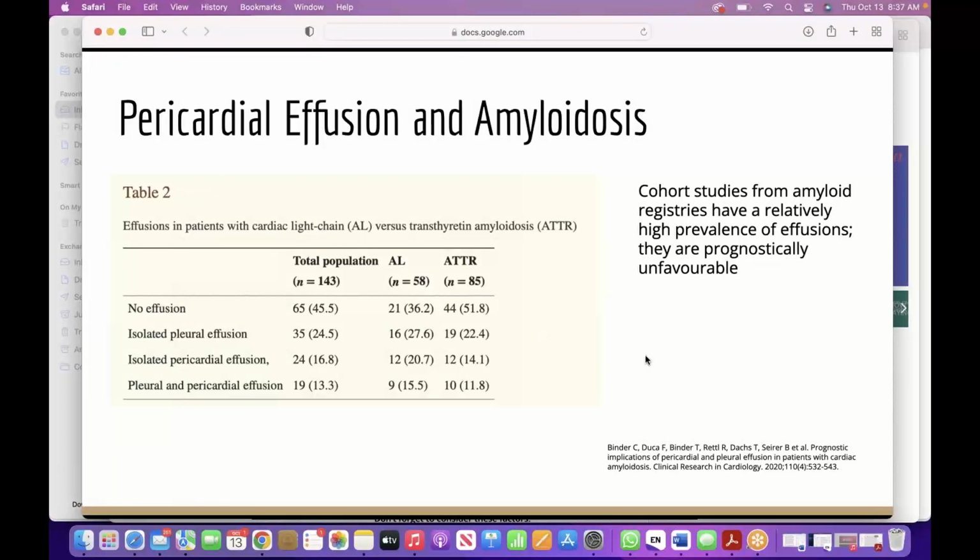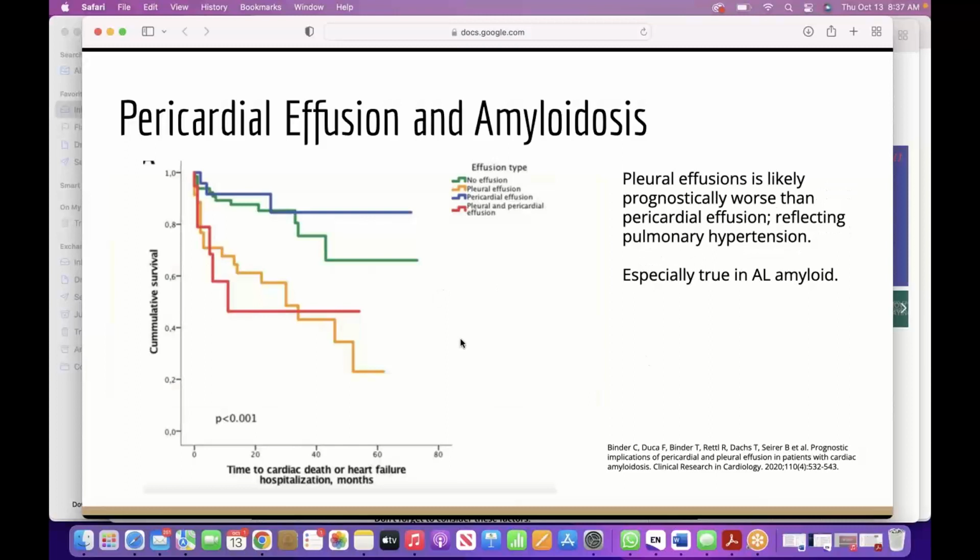but also pleural effusions, particularly in this analysis of patients with AL and ATTR amyloid, had prognostic value for predicting survival. Of course, this is just an observational analysis, but patients who had pleural effusions did worse than people who had no effusions or just pericardial effusions.